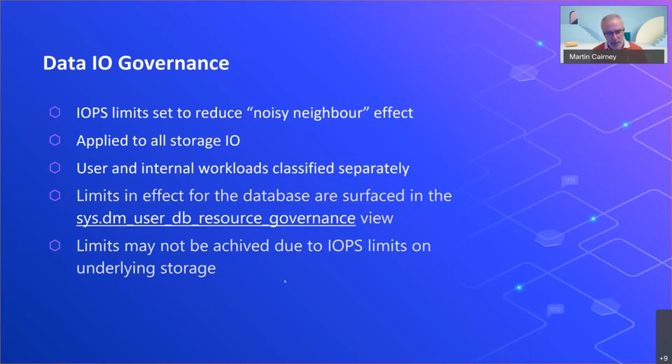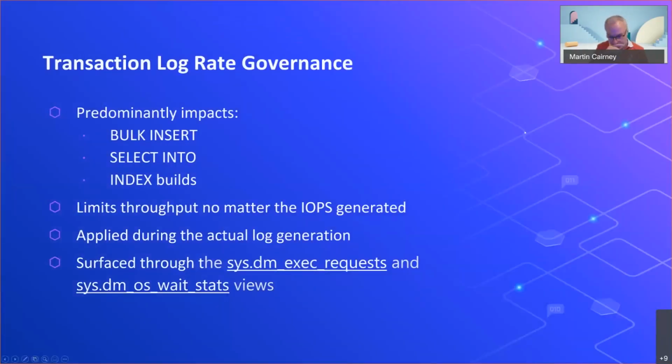Although that is the target, you may not get that full amount because of additional limits in the underlying storage. Where you've got an amount of shared storage, if what everybody else around you is doing is all hitting at one time, you're going to have impacts at the physical side, which will reduce what you get. But the expectation is you should get pretty close to there.